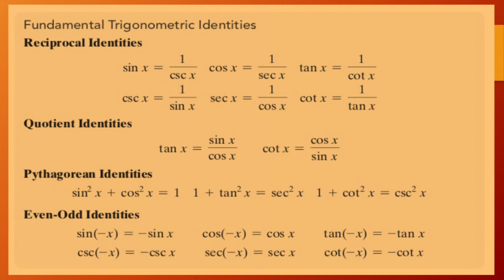And for cosine of negative x, it will be cosine x. For secant of negative x, it will be secant x. And for tangent of negative x, it will be negative tangent x. And for cotangent of negative x, we have negative cotangent x.